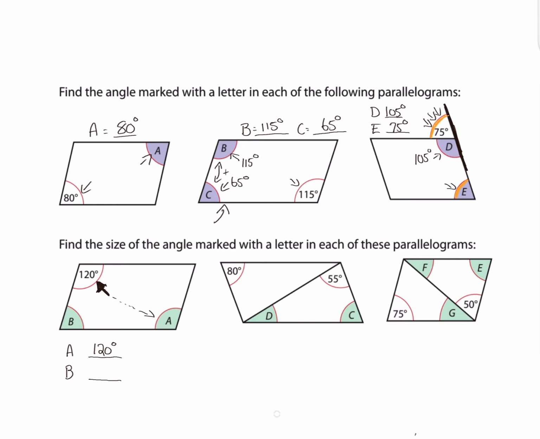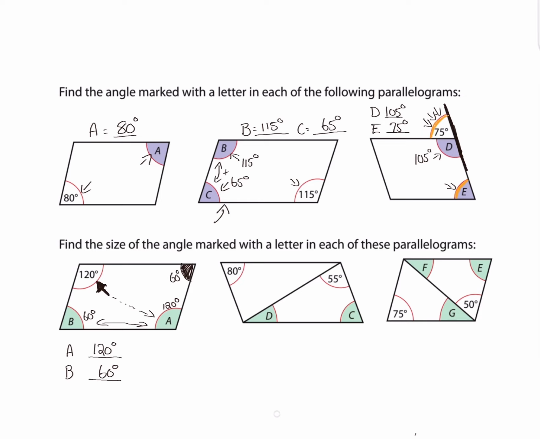What do you add to 120 to make it 180? You add 60. And did you notice something here? If A is 120 as well, and this is 60, if you add these 2 together, you get 180. And if B is 60, well, this one up here must also be 60 degrees.